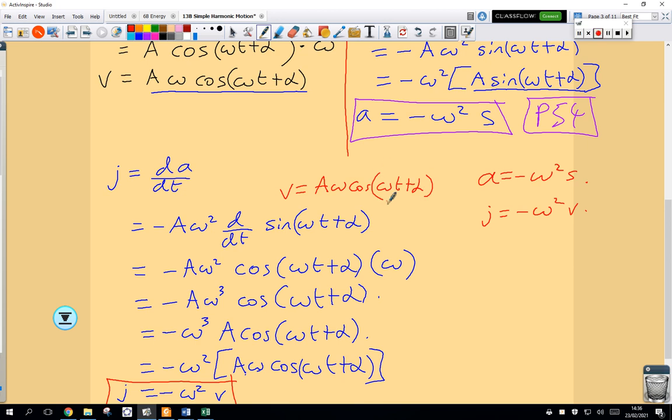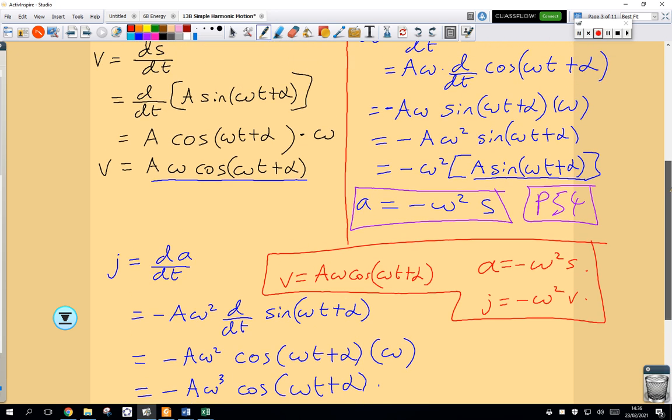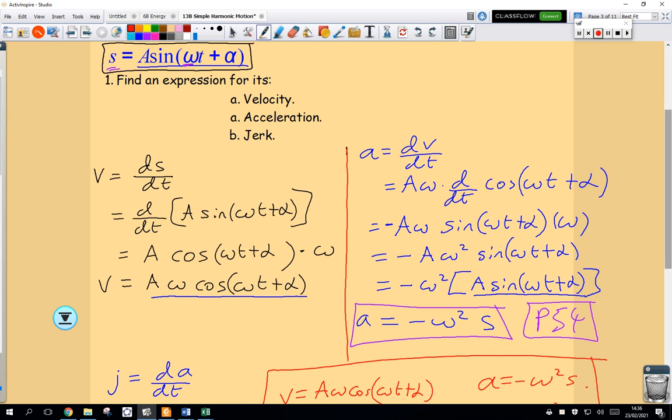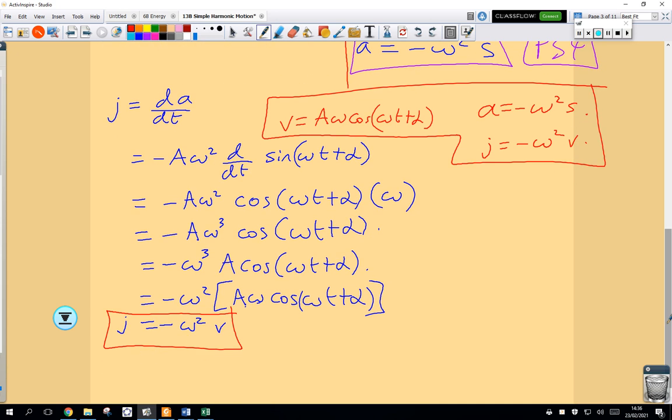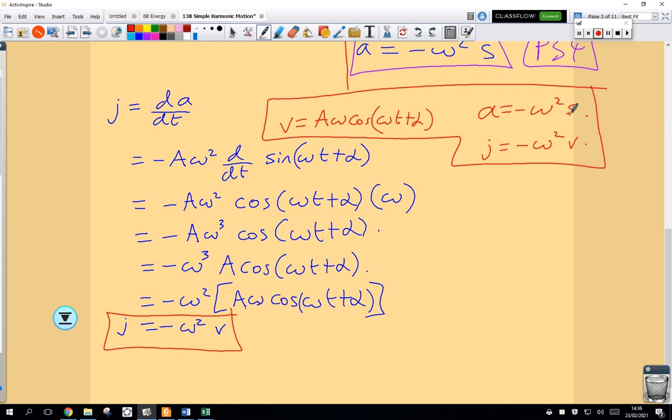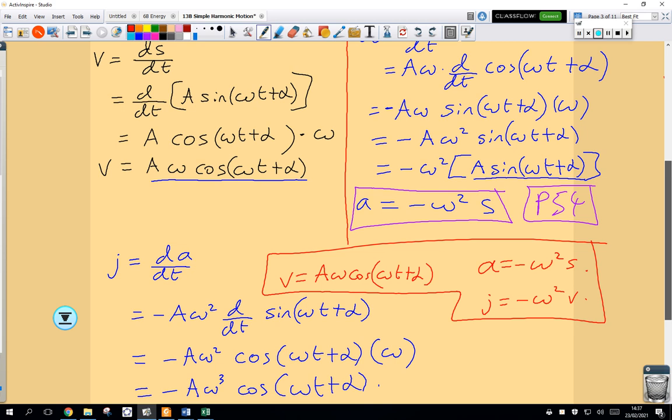All of these things are important to make sure you know where they come from, and we look at starting to derive some of the expressions we need to know that are given in our formula and tables booklets, and coming up with a couple of other things besides. So practice that, see if you can derive those expressions yourself. Come up with expressions for velocity, acceleration, and jerk, and note that acceleration is negative omega squared times the displacement, and jerk is negative omega squared times the velocity. Okay, practice.